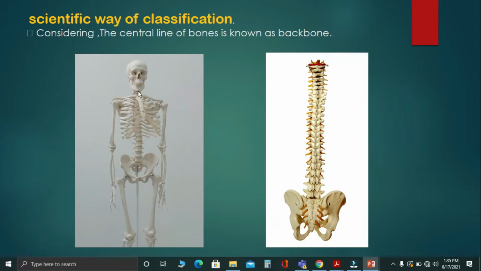In this skeletal system, you can see the backbone in here. This picture shows the backbone separately. Look at them. This backbone is also called as vertebral column.